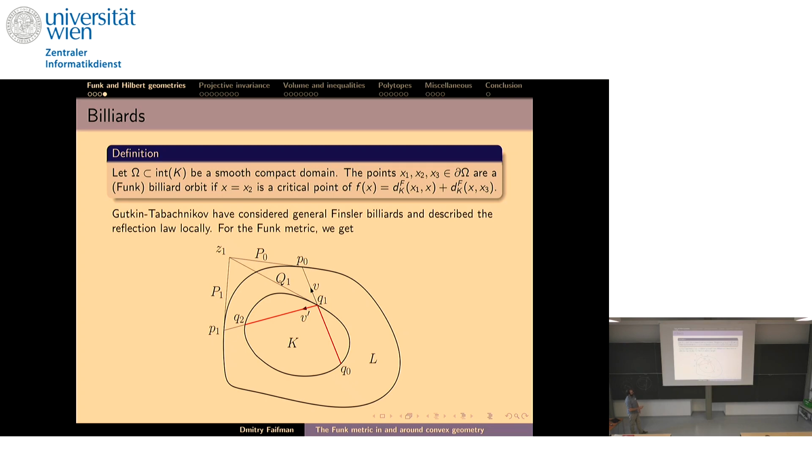You draw the other tangent to the outer body, the one defining the geometry. You get the new direction, P1, and now you go in this direction and you hit, well, what you hit. That's the reflection law. And one thing that jumps immediately to your attention is that this is projectively invariant, right? We're talking about lines, we're talking about tangency, nothing else.